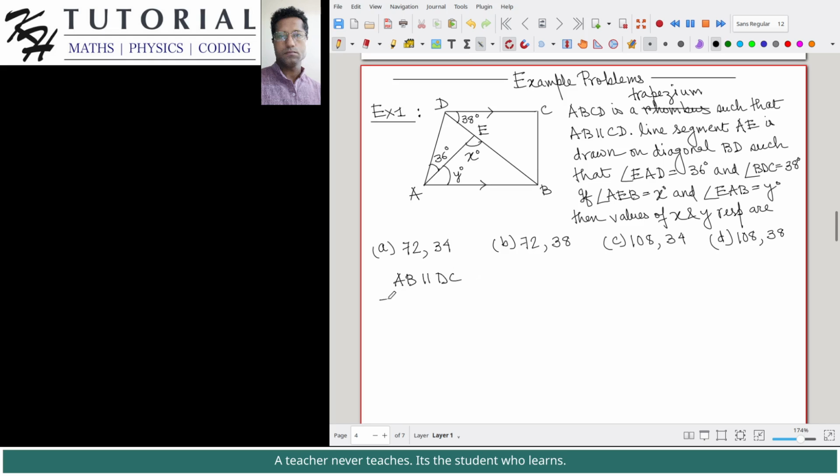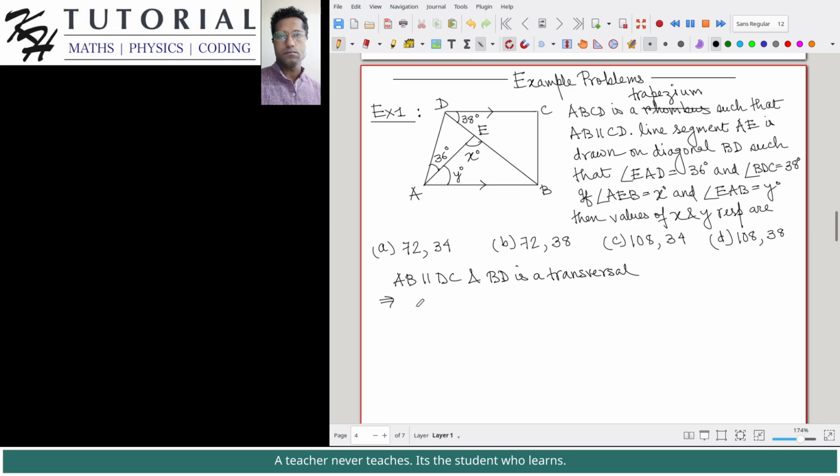We can say BD is a transversal, so alternate interior angles will be equal.